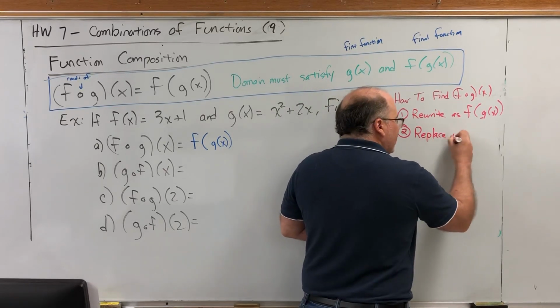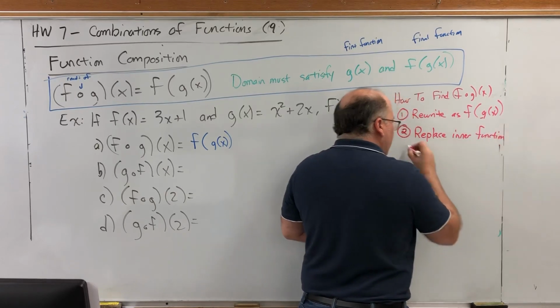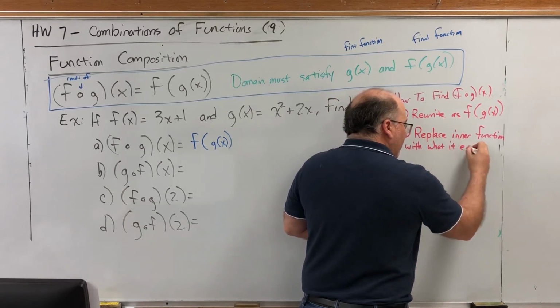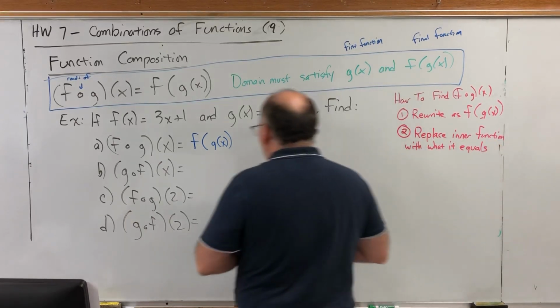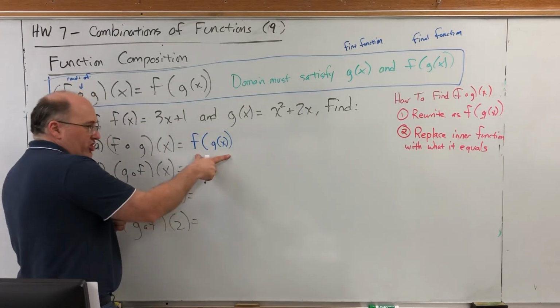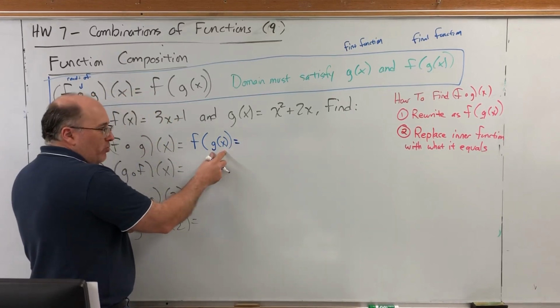Replace the inner function with what it equals. So we're going to go into this expression f of g of x, and we're going to replace the g of x with what it equals.